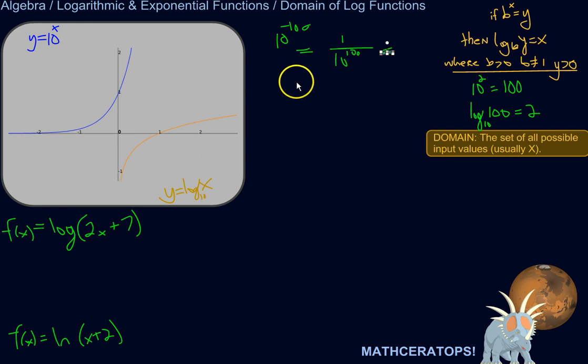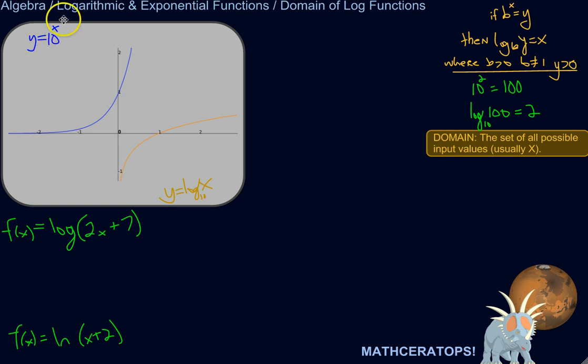It's not negative. So there's no power I can raise 10 to in order to make it into a negative number. I can make it into a very tiny number. I can make it very, very close to 0, but I can't even make it 0. I definitely can't make it anything negative.